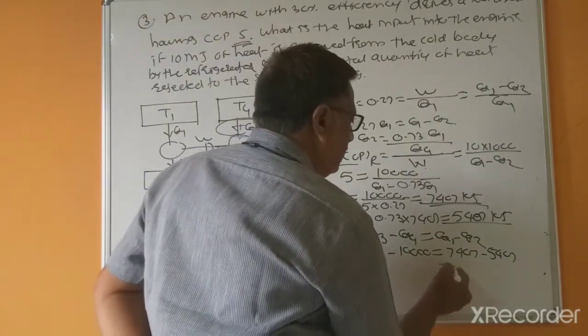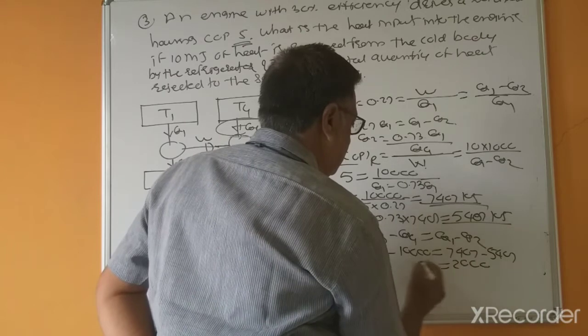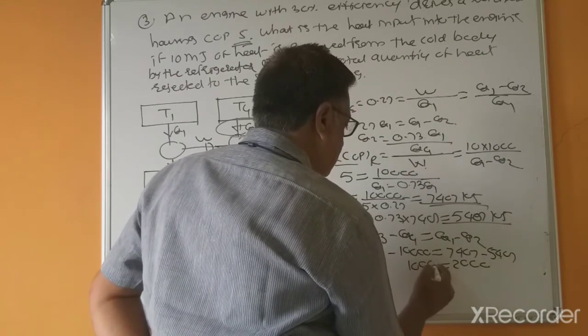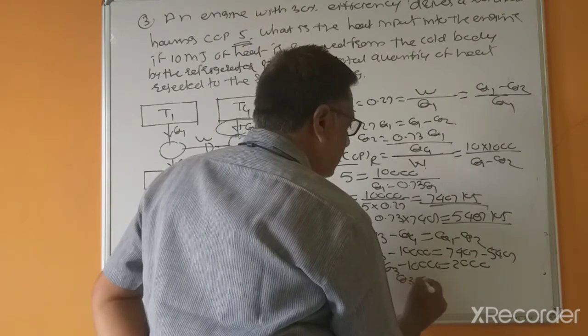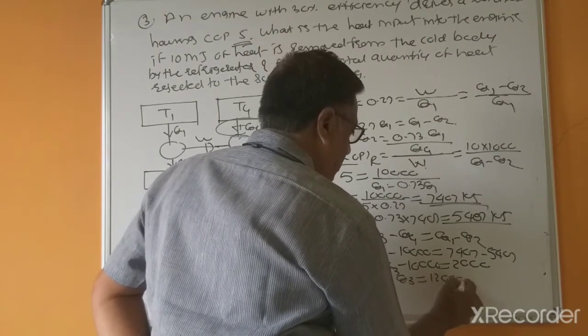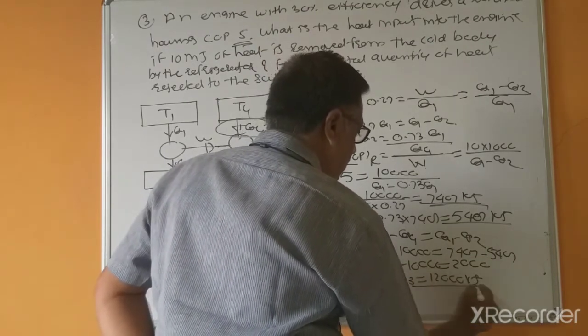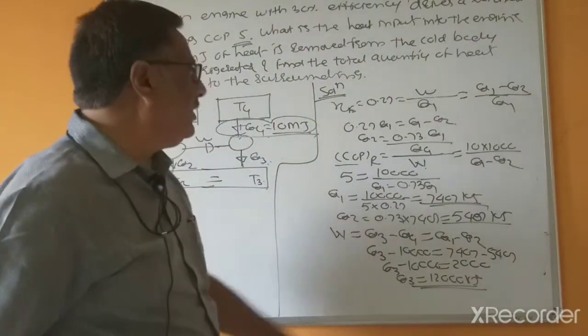And this is equal to 2000, and this is 10,000 minus Q3. So Q3 equal to, I got 12,000 kilojoule, right?